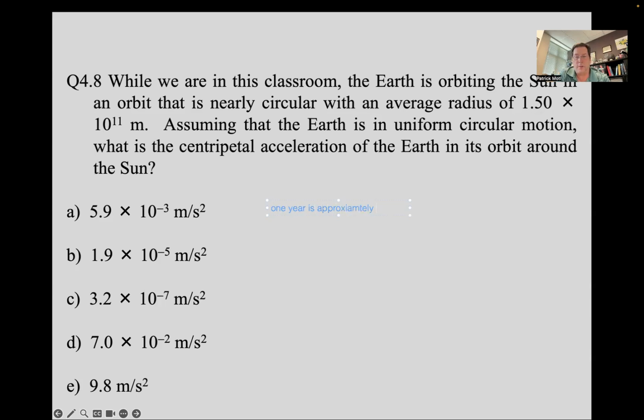So 1 year is approximately pi times 10 to the 7th power seconds. So you have a period for our orbit around the sun, and you're given the radius. Try to work out what the acceleration is. Once you've worked it out, confer with your physics friends and see if you've come to the same answer.